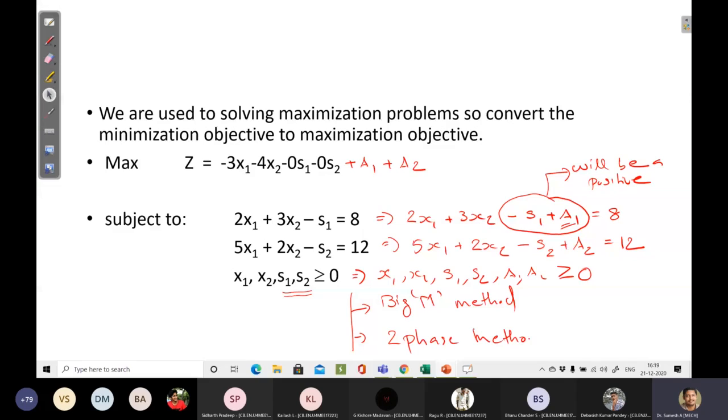So the choice will always be yours to go for Big M or two-phase. Nowhere in the question will the methodology you have to follow be mentioned. If you are comfortable with Big M, you can go for Big M. If you are comfortable with two-phase, you can go for two-phase. But the procedures by which the two solve the problem are different. Is that clear up to this?